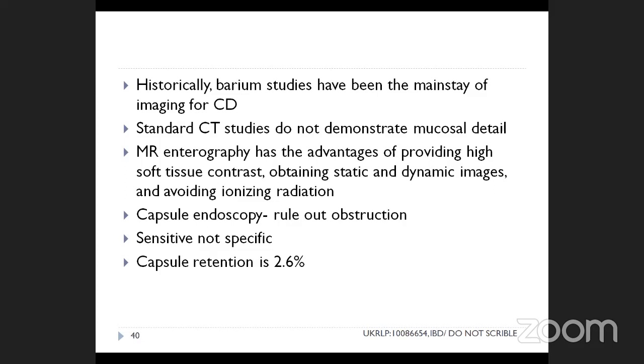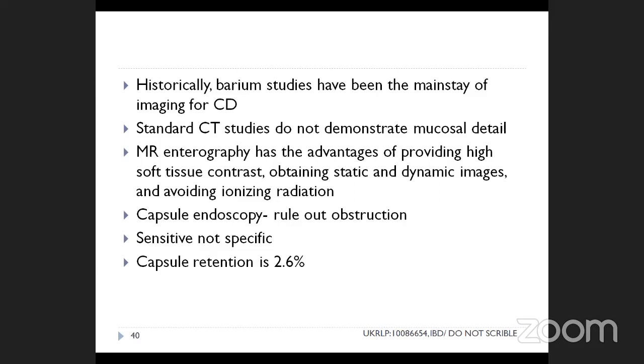The role of capsule endoscopy is a controversial thing. When a patient has a Crohn's stricture, capsule endoscopy cannot be used because there is a 2.6% chance of capsule retention, and it has to be used in a sensible manner. Capsule endoscopy is more sensitive than specific.